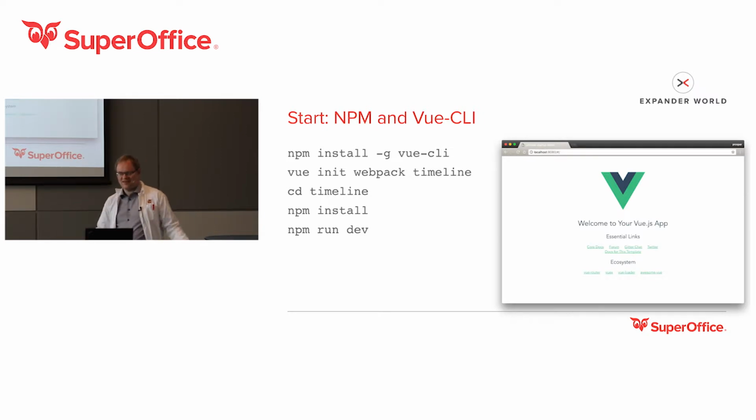And Webpack is basically a way to gather all these different components and make them into one big file. And then we give it a name. We call it Timeline. Now, second line, it does a bunch of stuff for us, and we can go in and say, install all the dependencies, and then run this in a web browser, and we get this little placeholder, a little hello world app saying like, yeah, you're up and running.